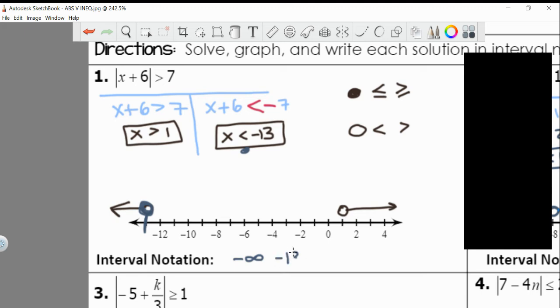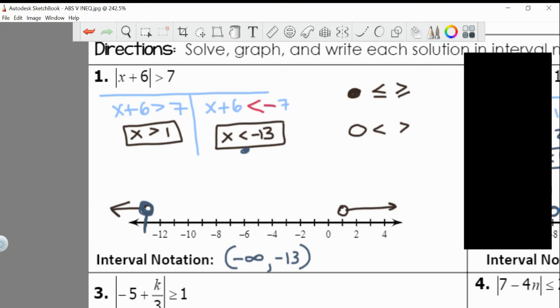So, negative 13. Okay? We always need a parentheses on the infinity. But for this question, is negative 13 included? No, we're not allowed to be negative 13. So we need parentheses over here too.